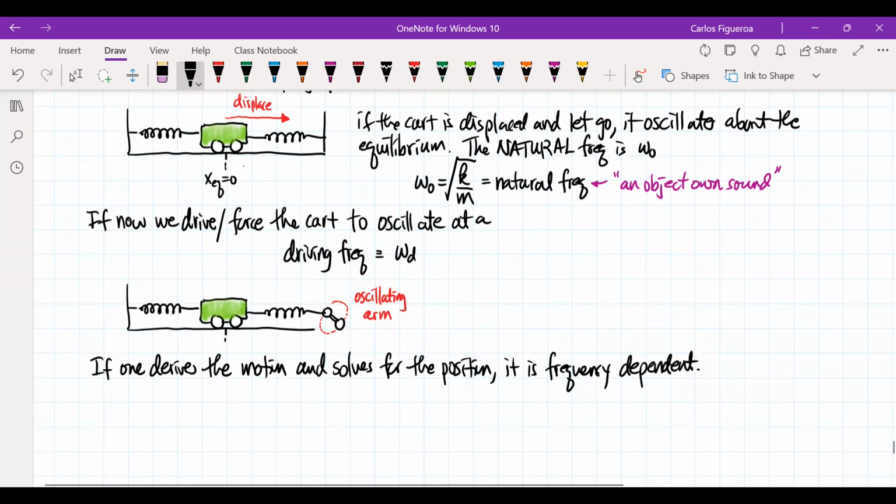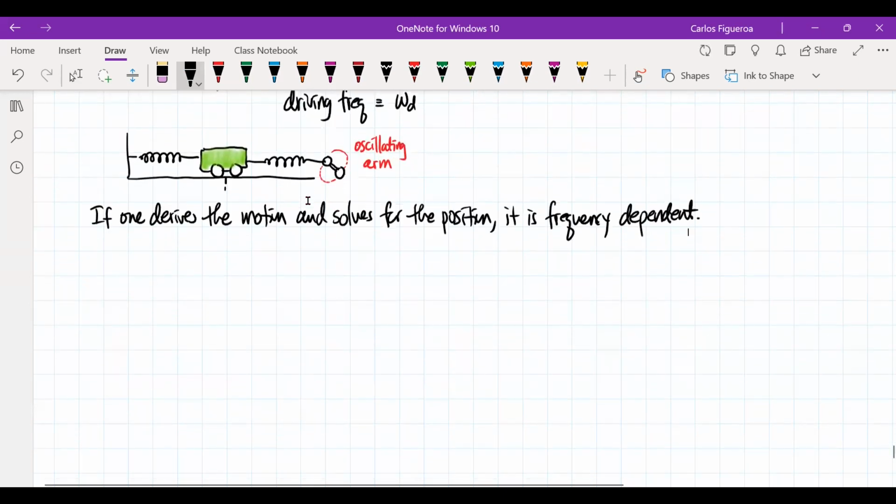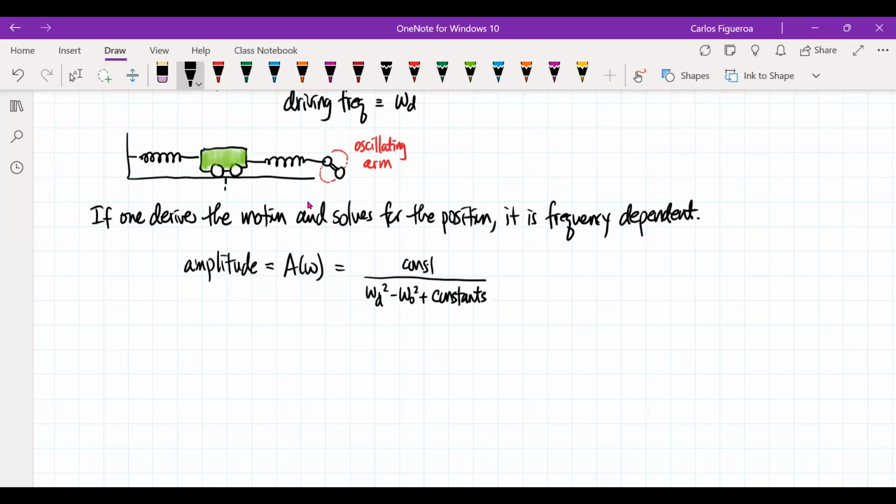But what I'm going to focus on, instead of looking at the full solution, is only the amplitude. If I look at the amplitude, which does not include the sines or cosines, this then reads omega d squared minus omega squared, plus you get a series of constants, and it divides into a constant.